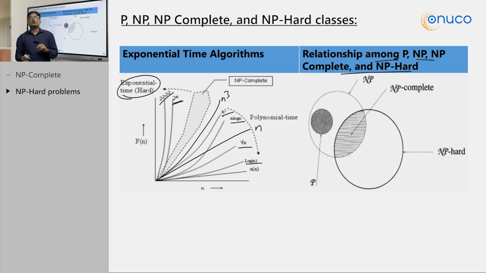As I said, for topological sorting, if there is a cyclic path, we will say there is no solution for this topological sorting. So that is the solution. We are able to make the decision that there is no solution for the given problem. As another example, the Bellman-Ford algorithm with a negative weight cycle. If the sum of the edge weights in that particular cycle is negative, then we conclude that we are not able to apply Bellman-Ford because it has a negative weight cycle.